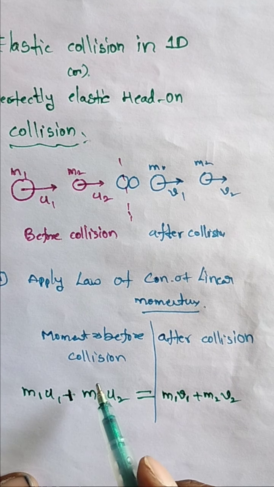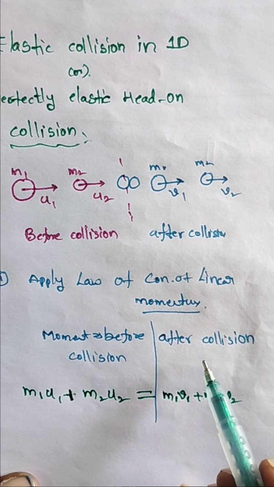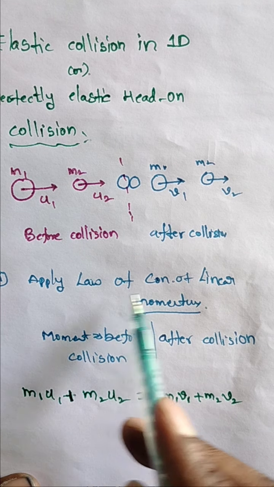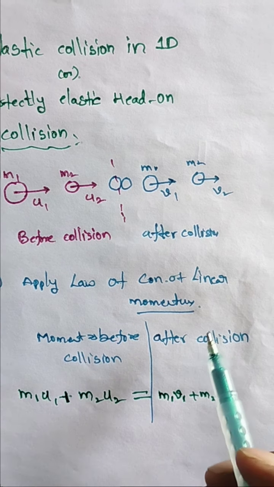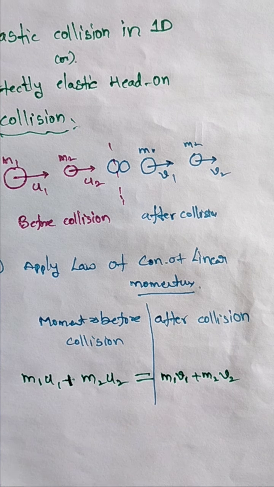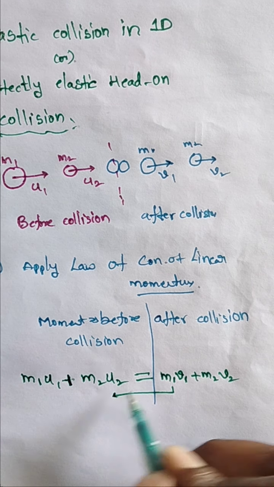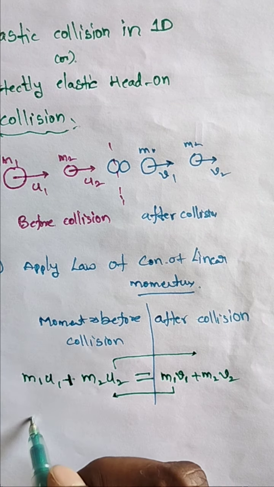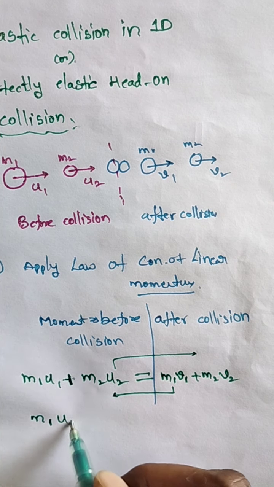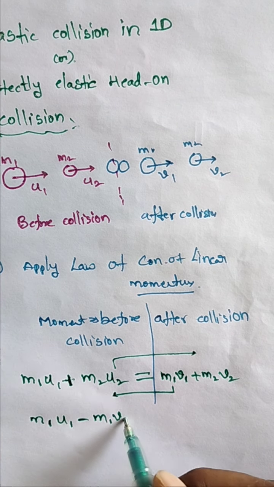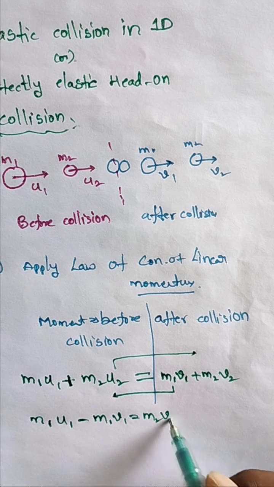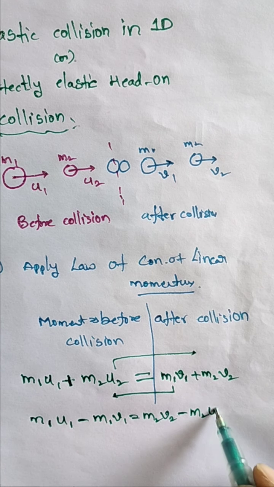So the momentum before is always equal to the momentum after the collision. This is the law of conservation of linear momentum. Rearranging, I write m1 u1 minus m1 v1 is equal to m2 v2 minus m2 u2.